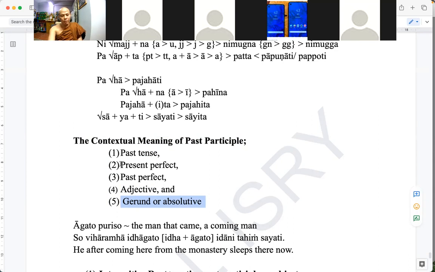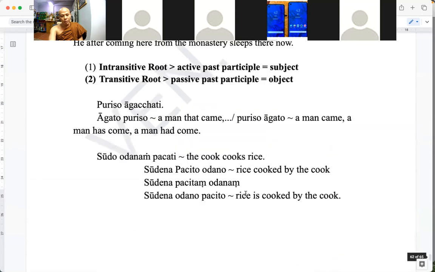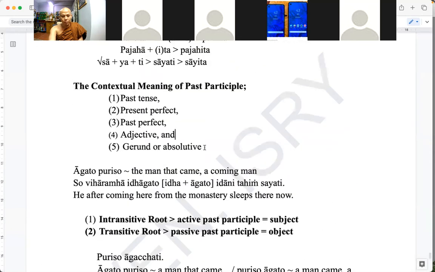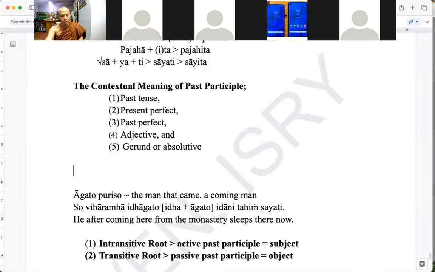But how do we divide the present perfect and the past perfect? When we read the original text, the Pali canon, we see that one.